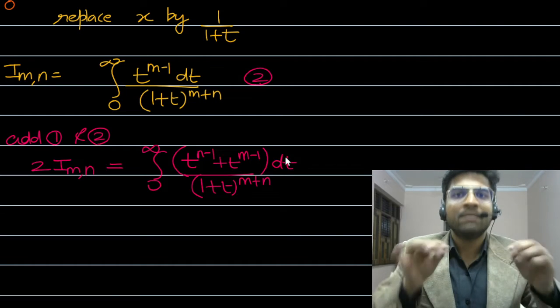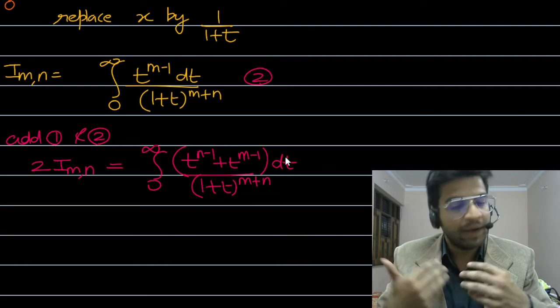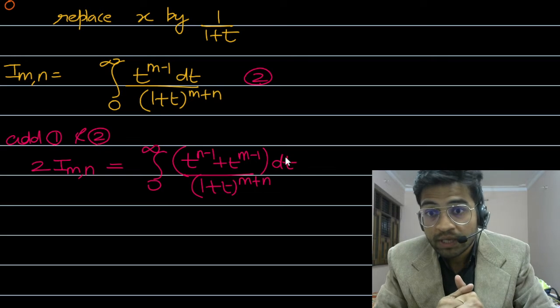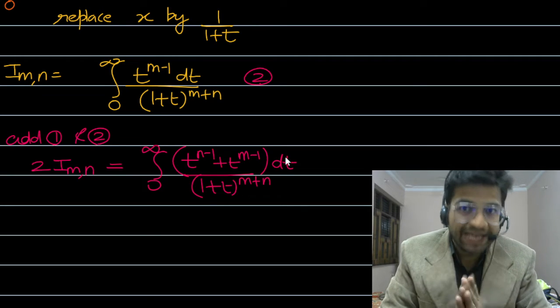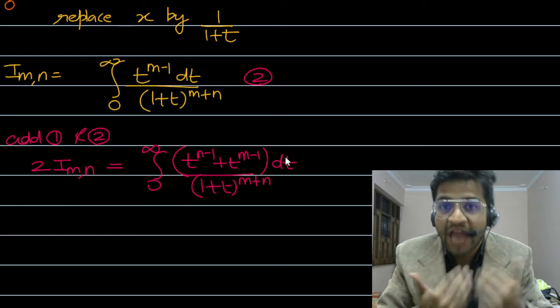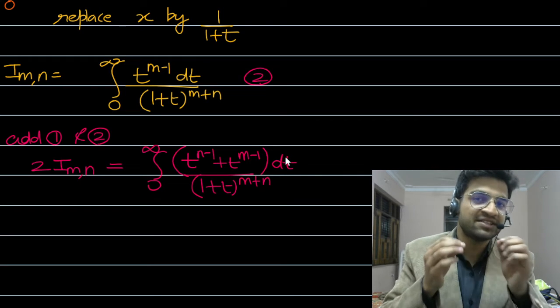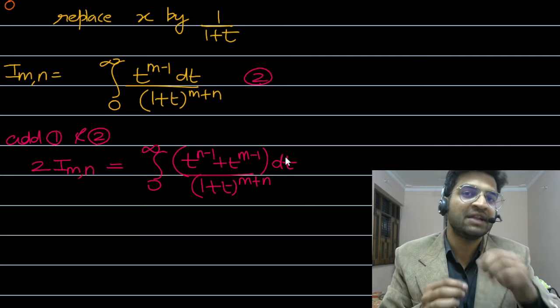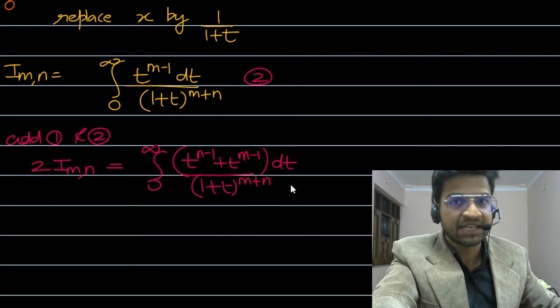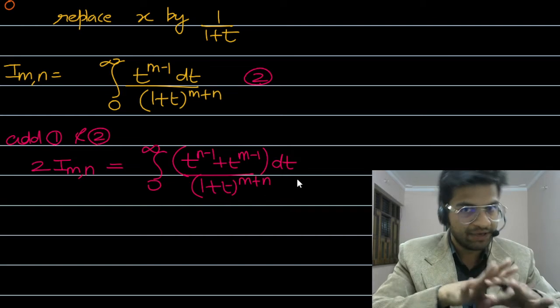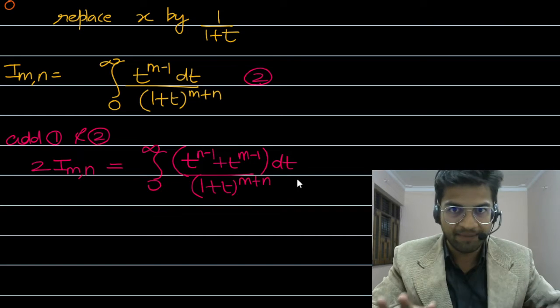Now the whole problem boils down to the issue of limit. What we need is 0 to 1, and what we have is 0 to infinity. So there is this issue of resolving the limit between 1 to infinity. That is, we can break this expression into two different parts, in two different limits, right?